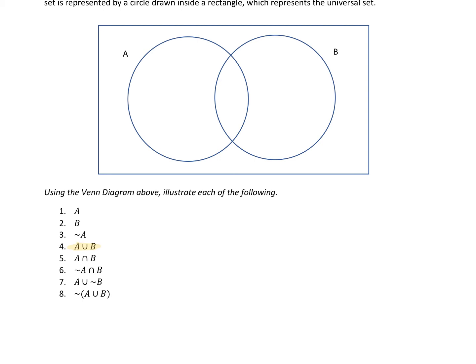Okay, so really quickly, let's just make a note here. The U means union. That includes all elements from each set.